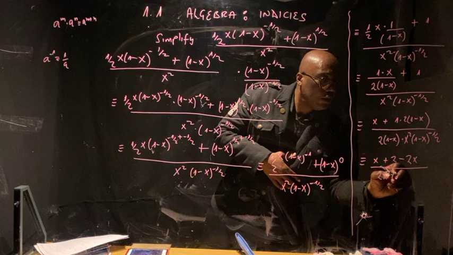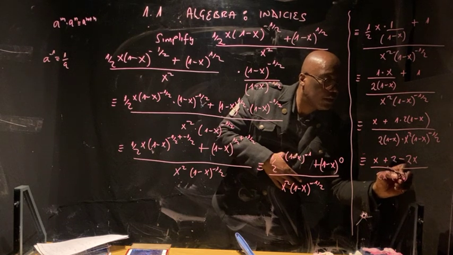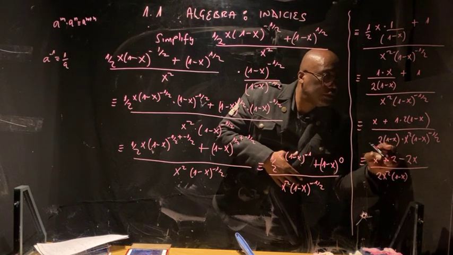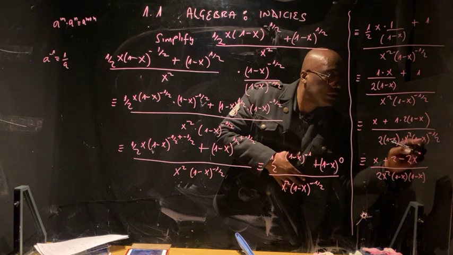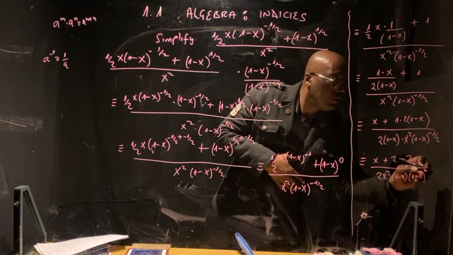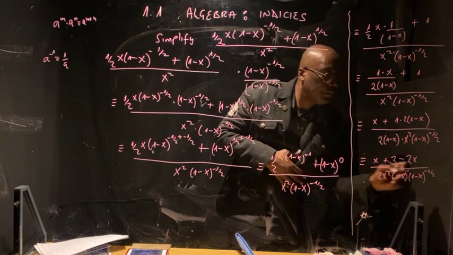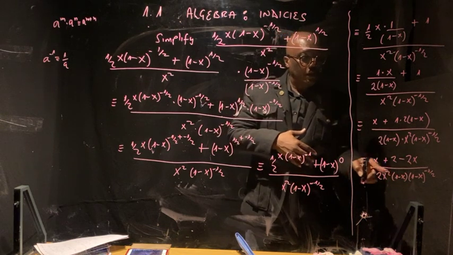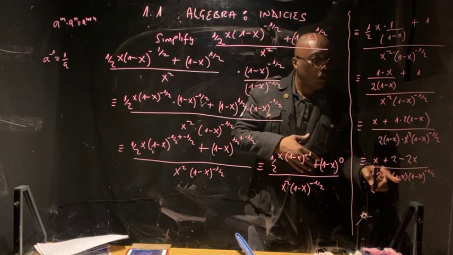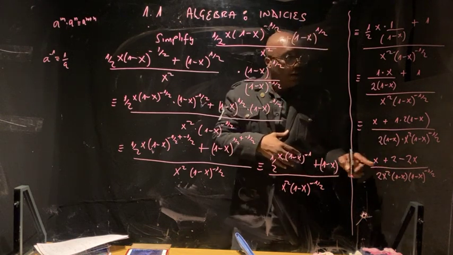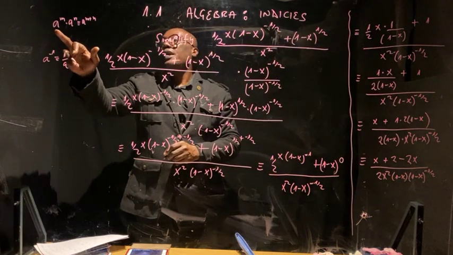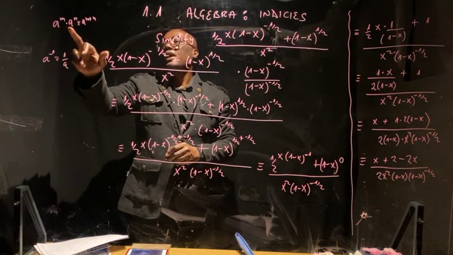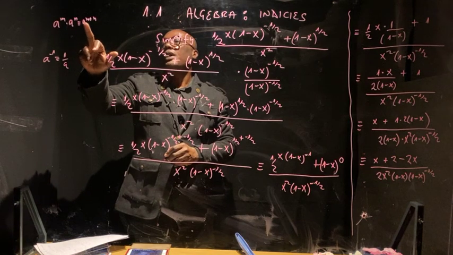You have 1 minus x, which is this one, and 1 minus x, which is that one, raised to the power negative half. You are still applying the law 1. So if you're applying the law 1, that says that a raised to the power m multiplies to a raised to the power n is equal to a raised to the power m plus n.